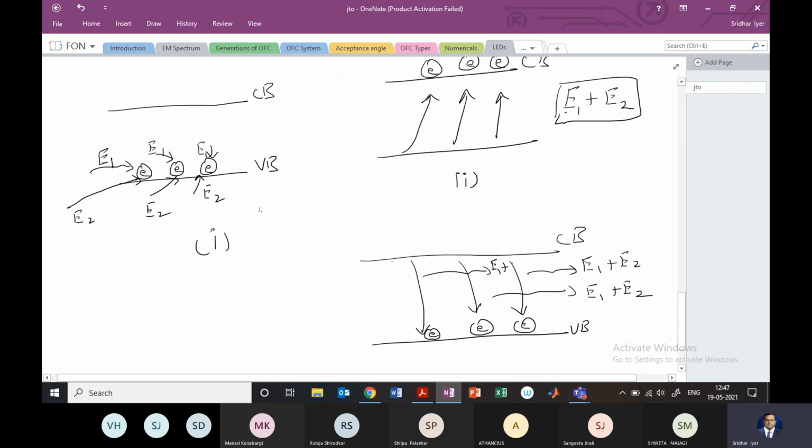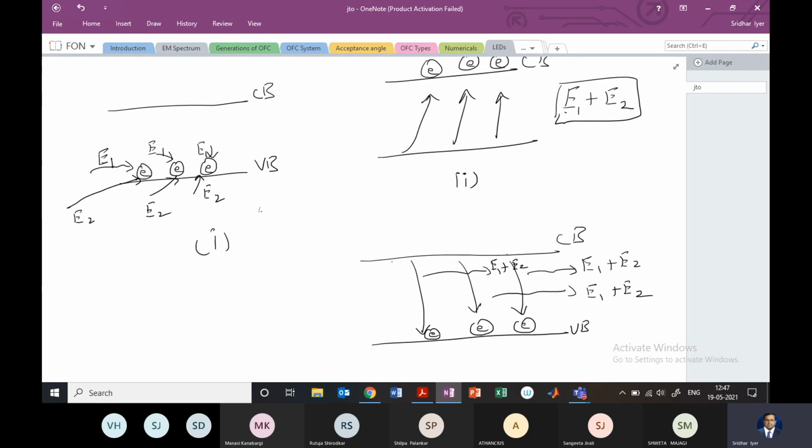Now comparing this with what was happening in LEDs, there are two differences. One, the energy is getting amplified. Why? Because apart from only E1, which is the absorbed energy, we are also getting E2, which is the energy we had supplied externally.